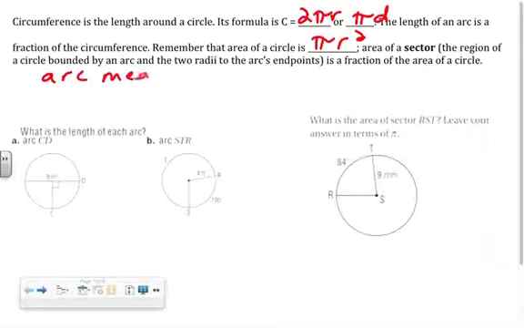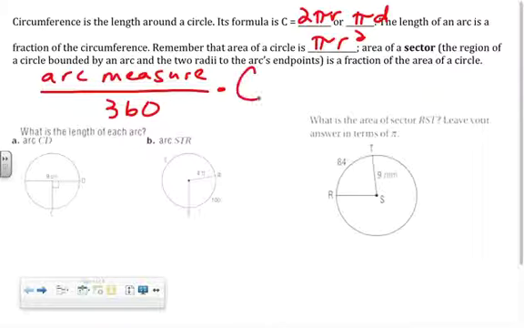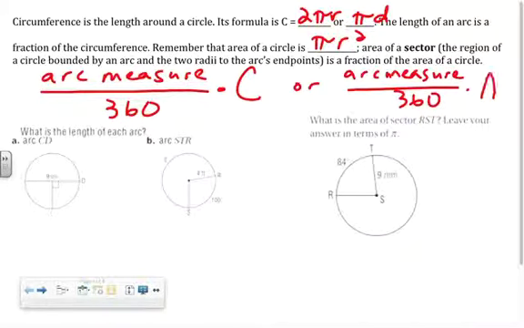So it's always that arc measure over 360 being multiplied by either the circumference or the area of the circle. So same thing, arc measure over 360 times the area of the circle. Wait, is that times C or minus C? Times C. It's a fraction of the circumference.